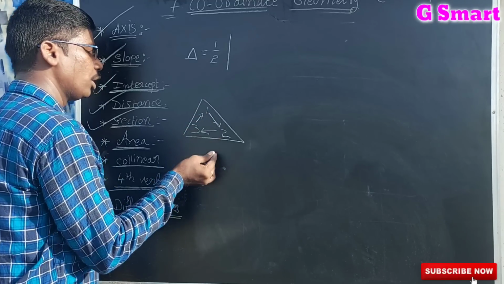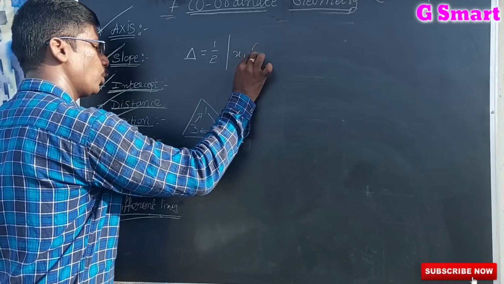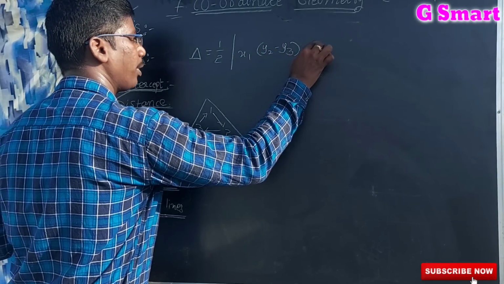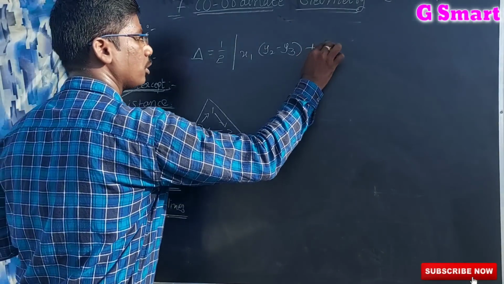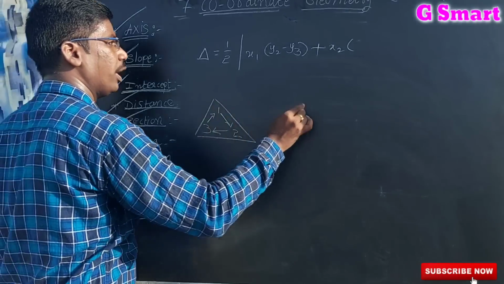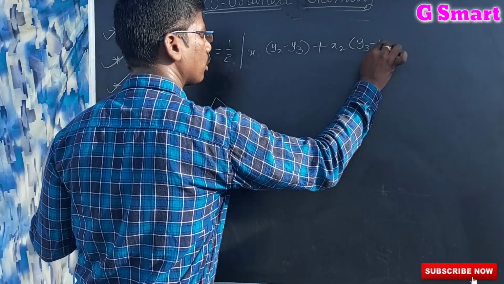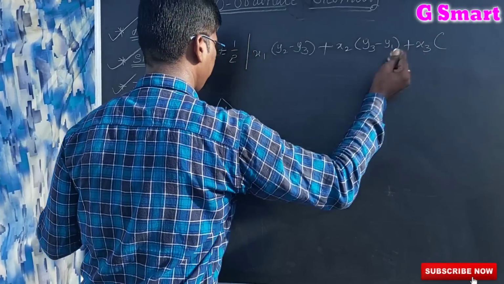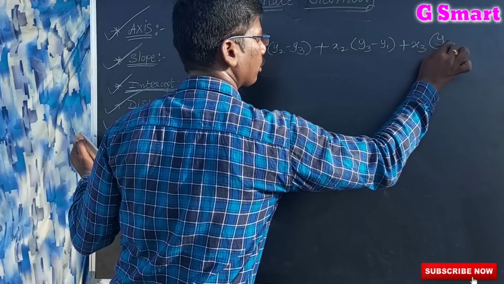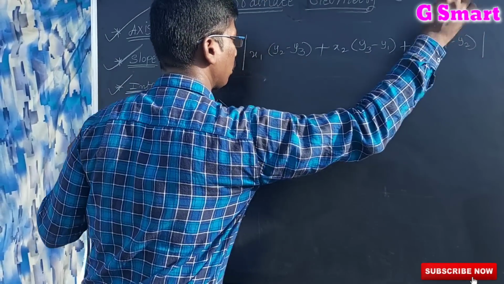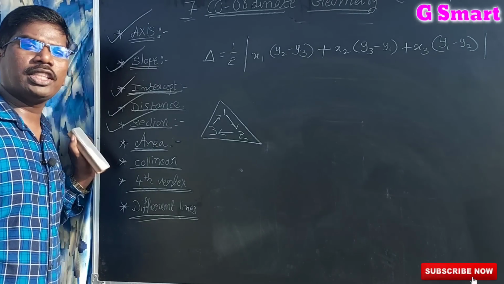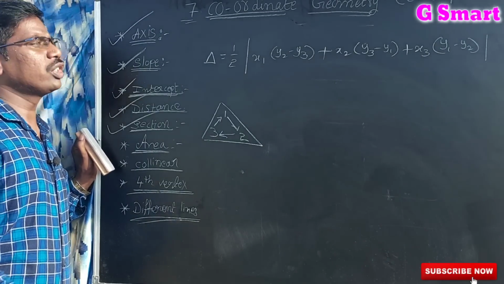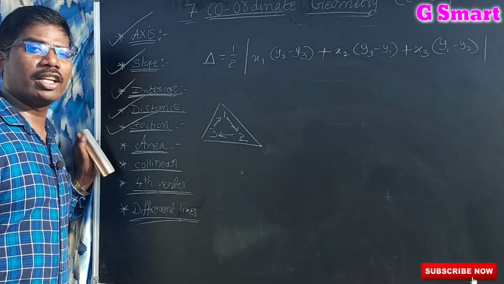So delta is equal to half modulus of x1 into (y2 minus y3) plus x2 into (y3 minus y1) plus x3 into (y1 minus y2). So this is the formula. Using this formula we can find the area of the triangle.